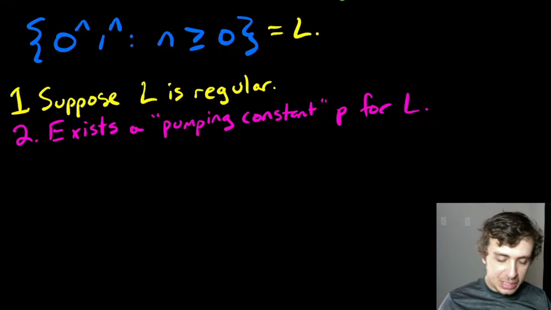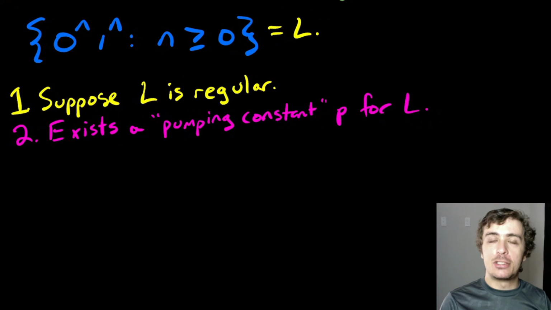So there exists this constant. Now we have to pick a string that's in the language with total length at least P.